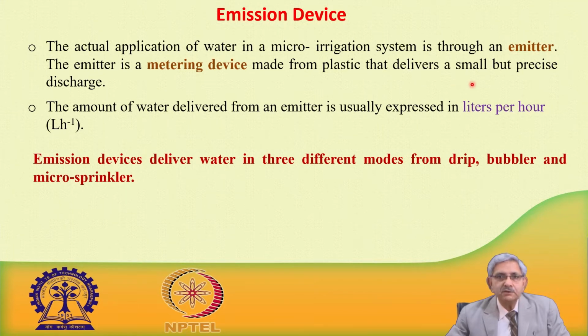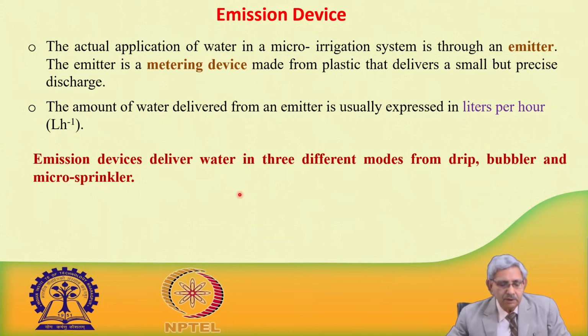These are small in size and deliver the precise, accurate discharge for which they are designed. The amount of water emitting out of a drip emitter is expressed in liters per hour. That is the common unit we use.